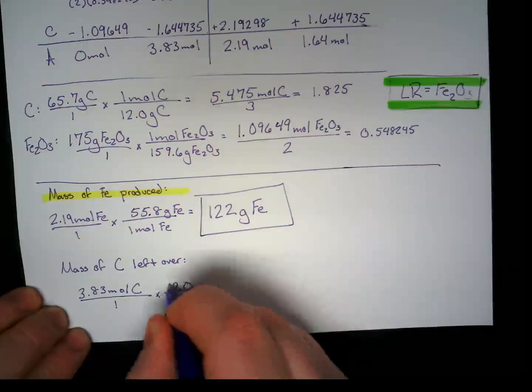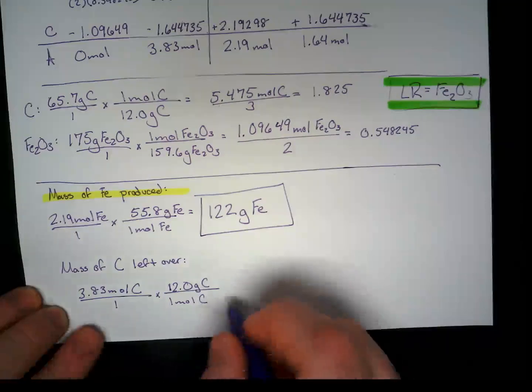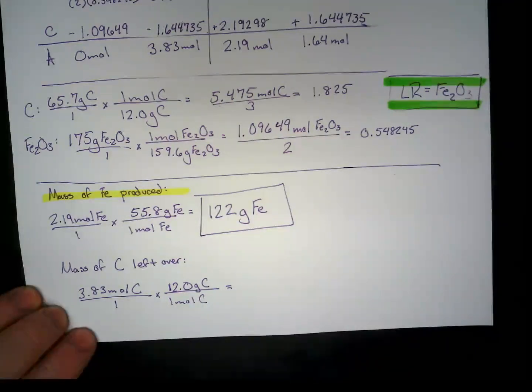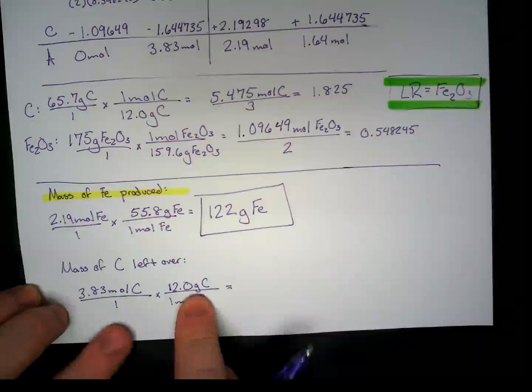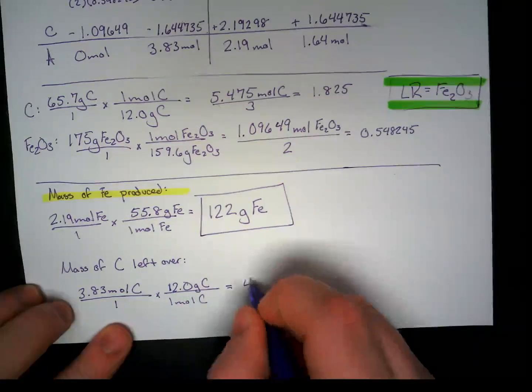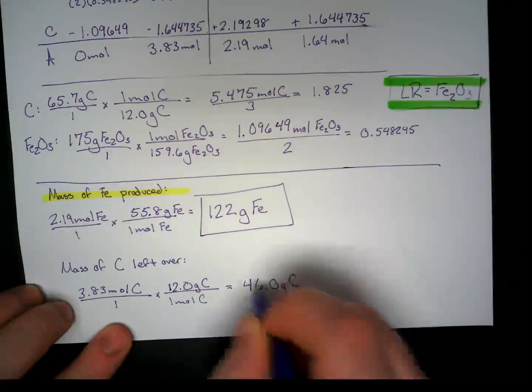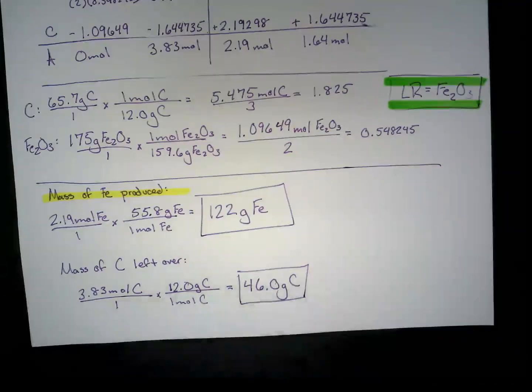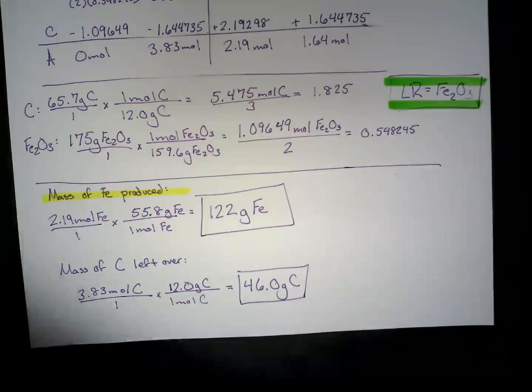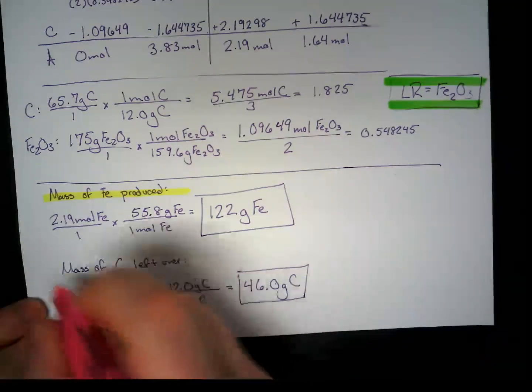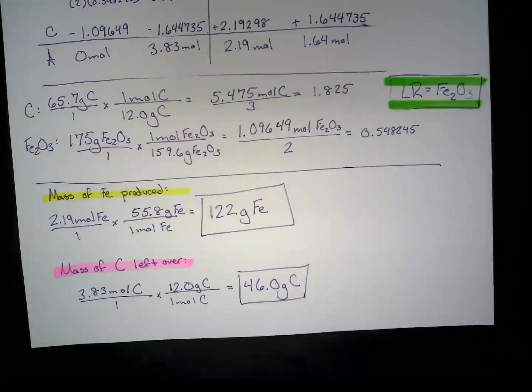There are 12.0 grams of carbon in every 1 mole. Pop it in our calculator, and we should expect to have 46 grams of carbon left over. And then we have answered that final third question of how much mass we should expect to have from our leftover reactant. Okay. And then that is that.